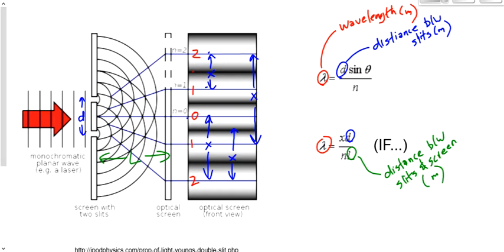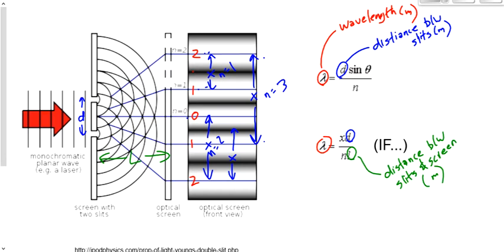So here, if x is that distance from 1 to 2, n for that one would be 1. 2 minus 1 is 1. Here we'd say n, since we're going from 0 to 2, would be 2. 2 minus 0 is 2. Here we'd say n, we're going from 1 on the one side to 2 on the other side, n would be equal to 3. 2 plus 1 is 3.